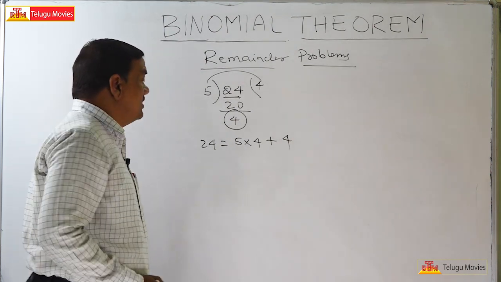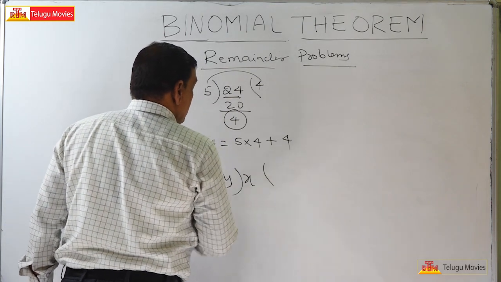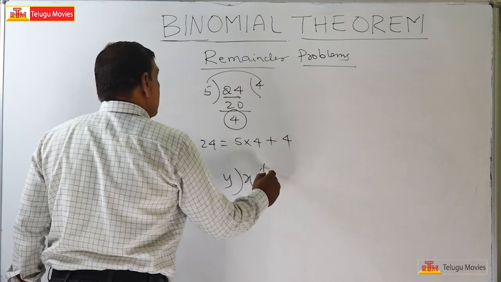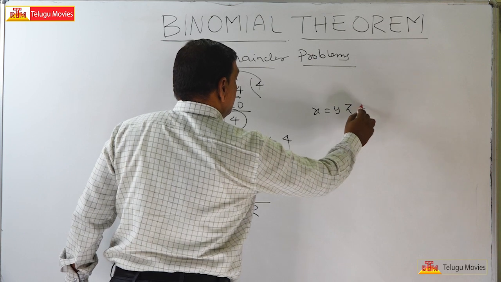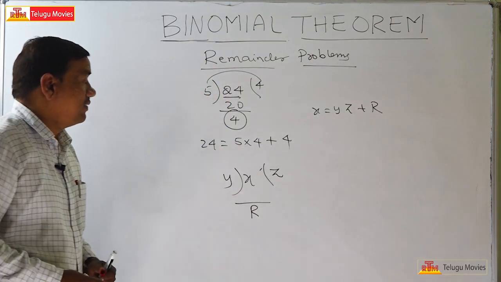Now if you generalize, if you divide x by y, let the remainder be r and the quotient be some z, then x is equal to y into z plus r.